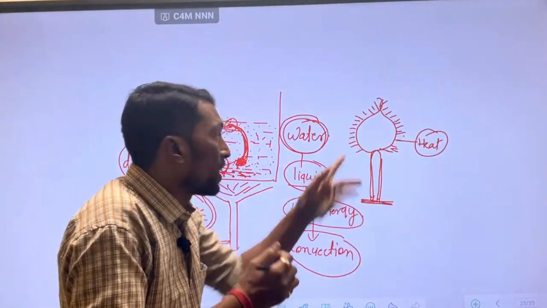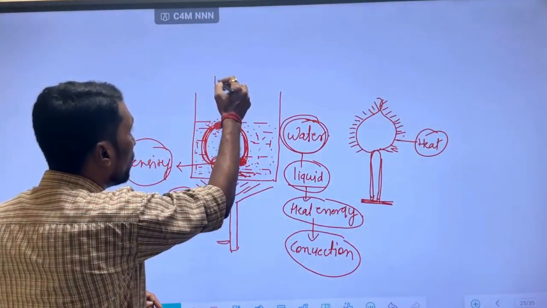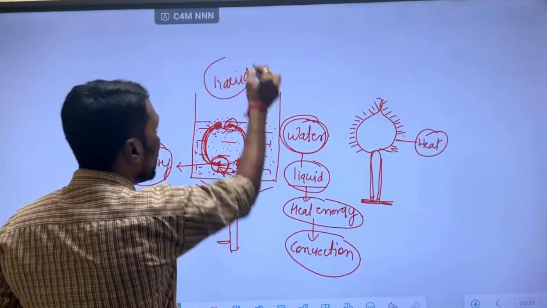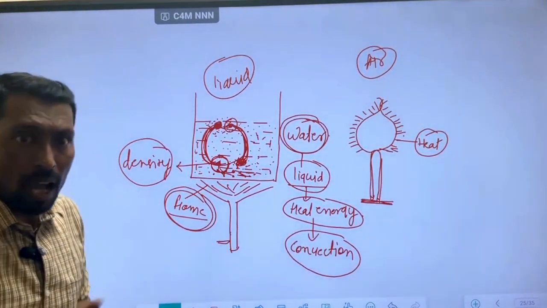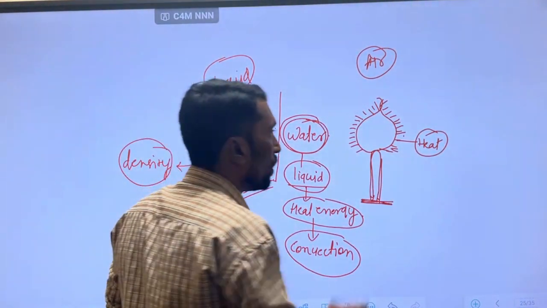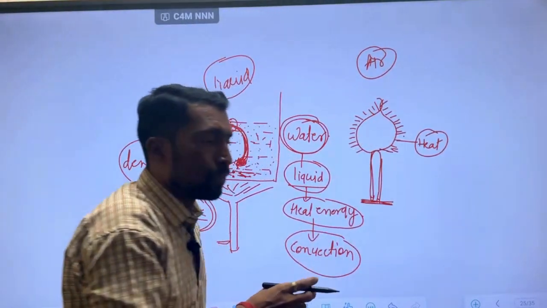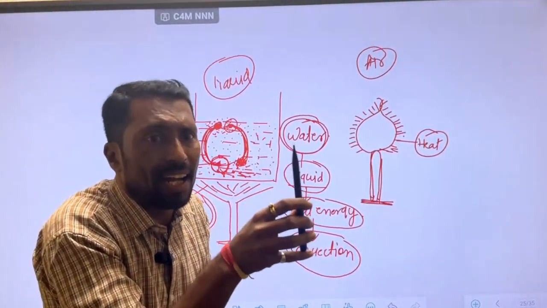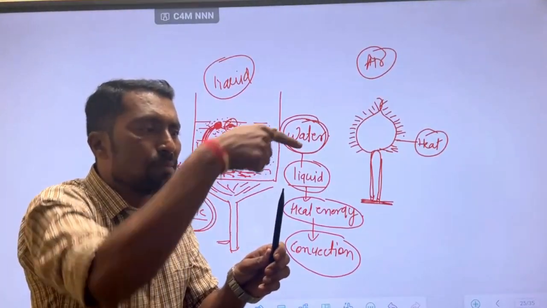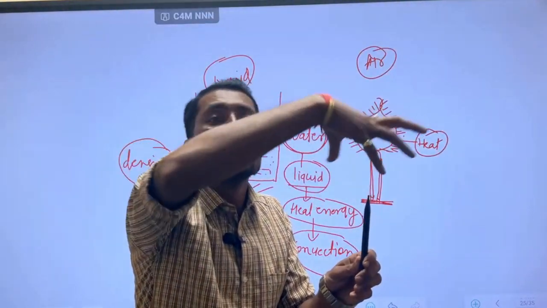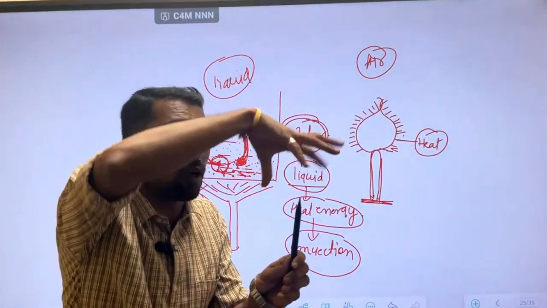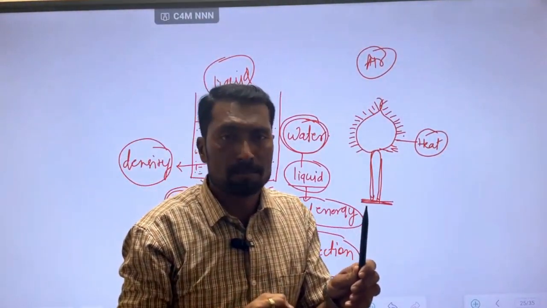How does convection work in a flame? This is all about the liquid. We can talk about the liquid. Convection is there. Also, we talk about the air. Convection is also there. How? Listen carefully. When we place a flame or hold the flame in our hand, that flame is surrounded by air molecules or different types of gas molecules.